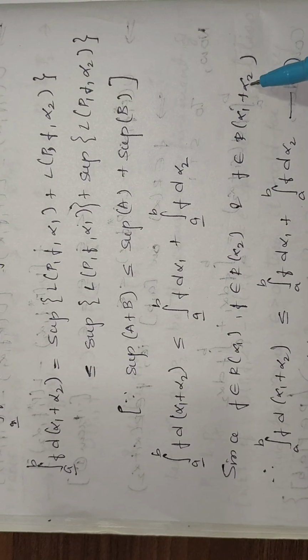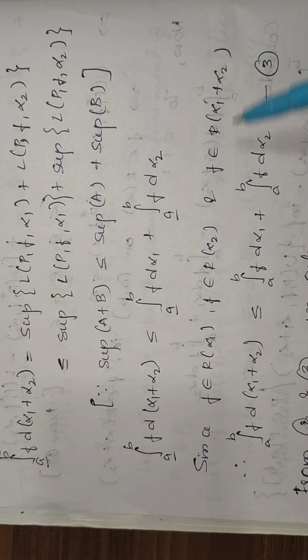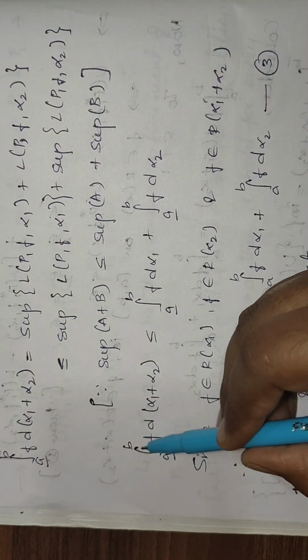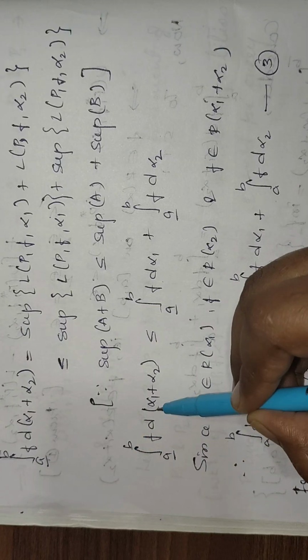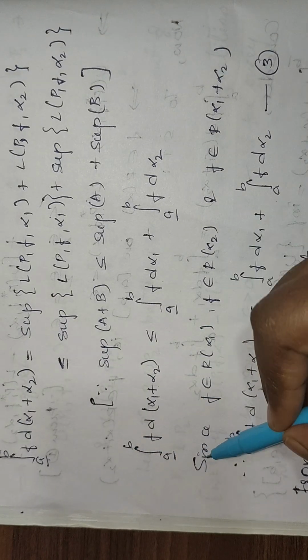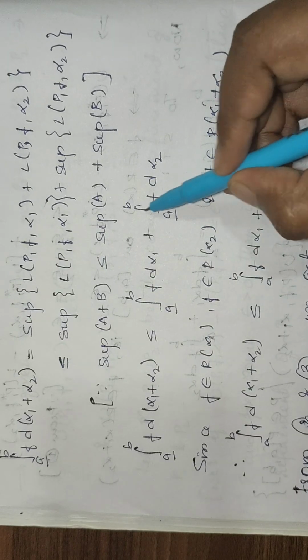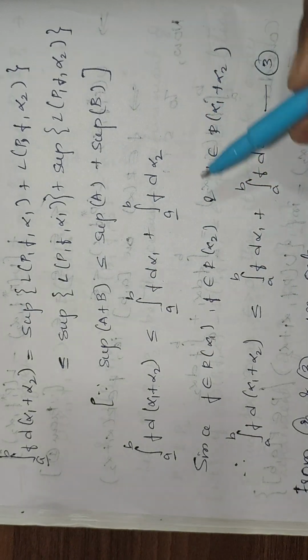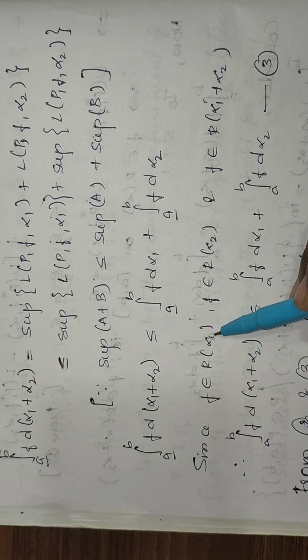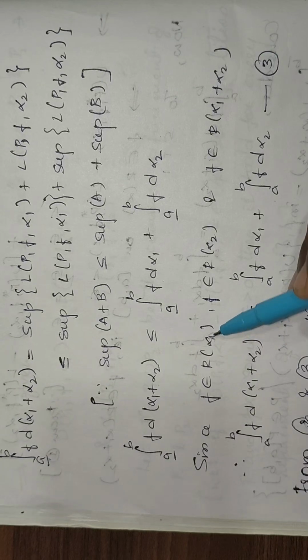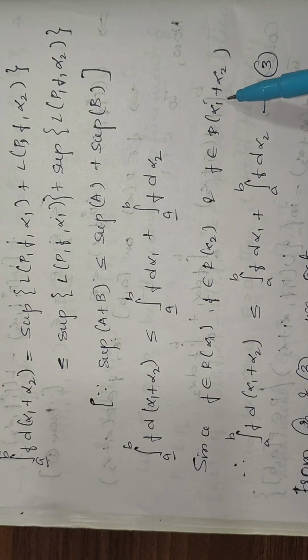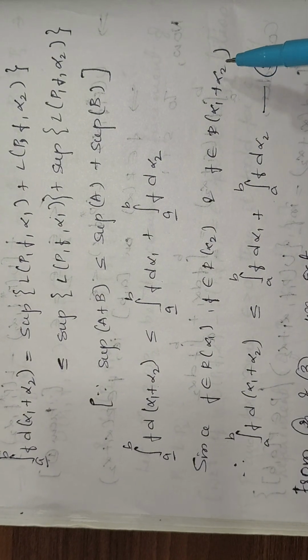Okay, and since we know that f belongs to R of alpha 1, R of alpha 2 and R of alpha 1 plus alpha 2, we can write this as integral a to b f d(alpha 1 plus alpha 2), as we did earlier, equal to integral a to b f d alpha 1 plus integral a to b f d alpha 2. Why? Because f is Riemann-Stieltjes integrable on R of alpha 1, R of alpha 2 and R of alpha 1 plus alpha 2.